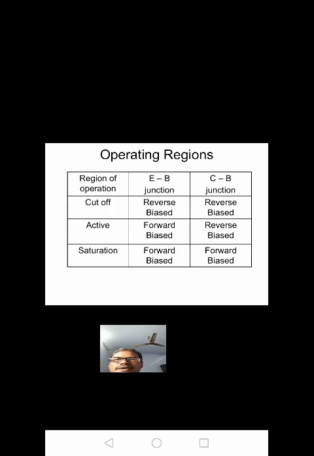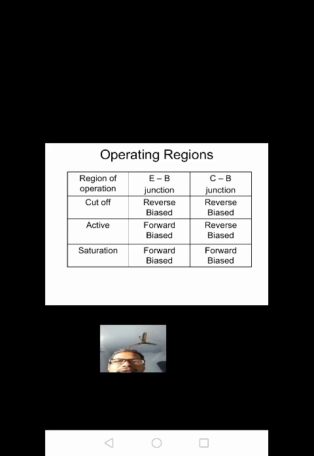Operating regions: region of operation, emitter base junction, collector base junction. Cutoff region: when the emitter base junction is reverse biased, it is called cutoff. The transistor is operating in the cutoff region. When the collector base junction is reverse biased, it is also a cutoff region condition.